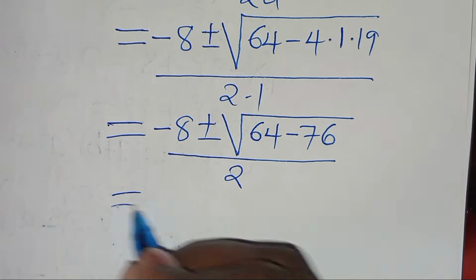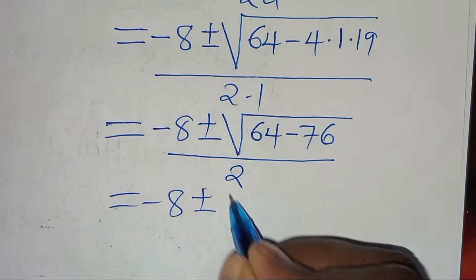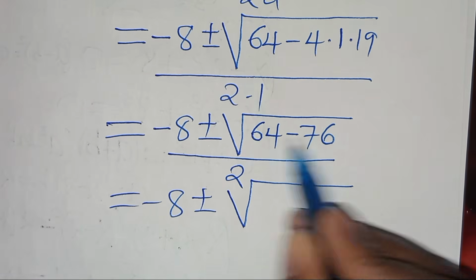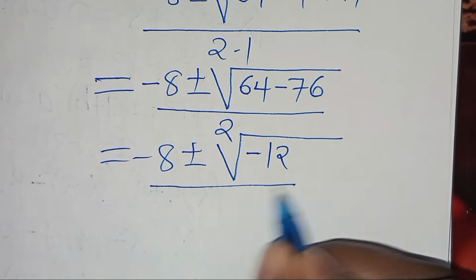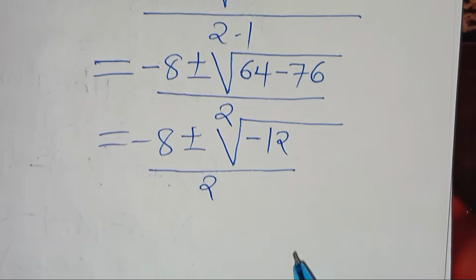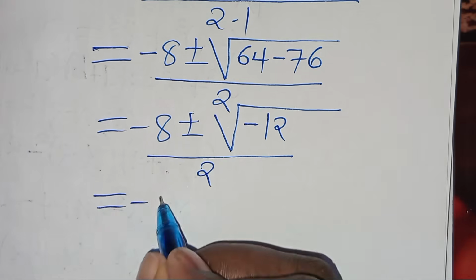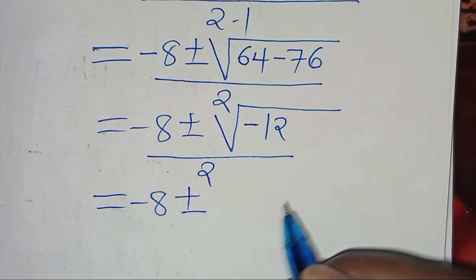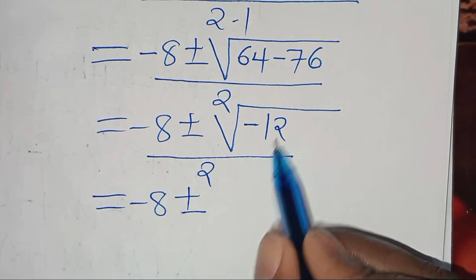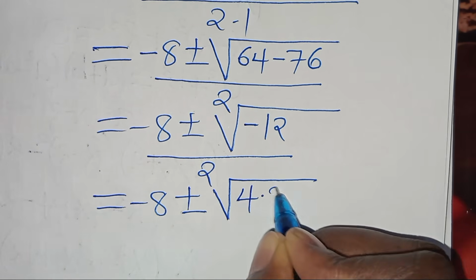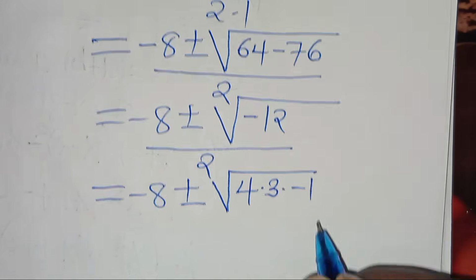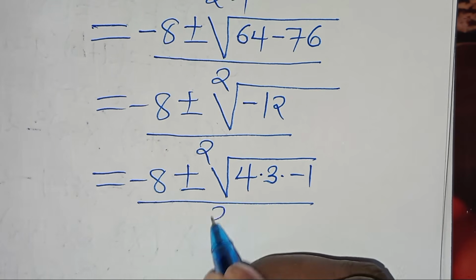So this is minus 8 plus or minus the square root of 64 minus 76, this is minus 12, everything divided by 2. So this is again minus 8 plus or minus, and we can express the square root of minus 12 as the same thing as the square root of 4 times 3 times minus 1, everything divided by 2.